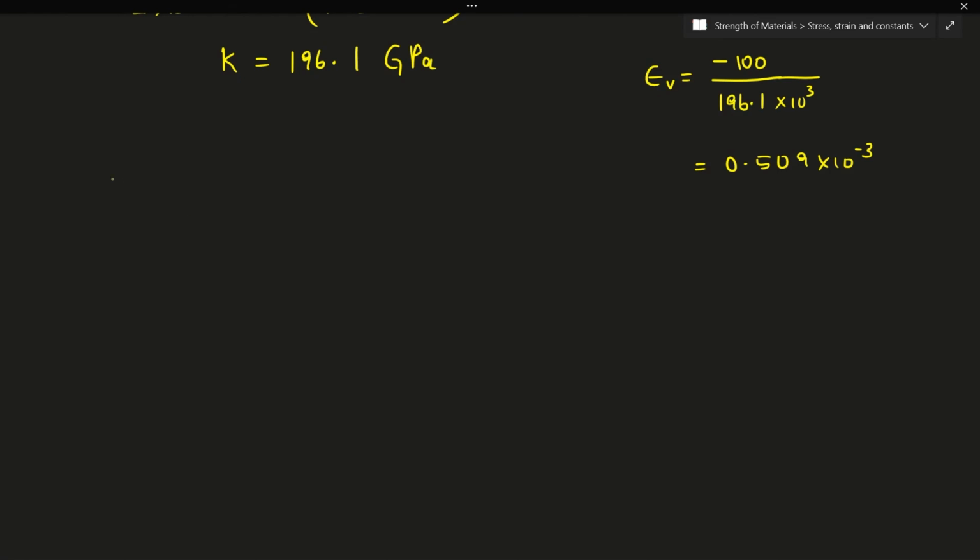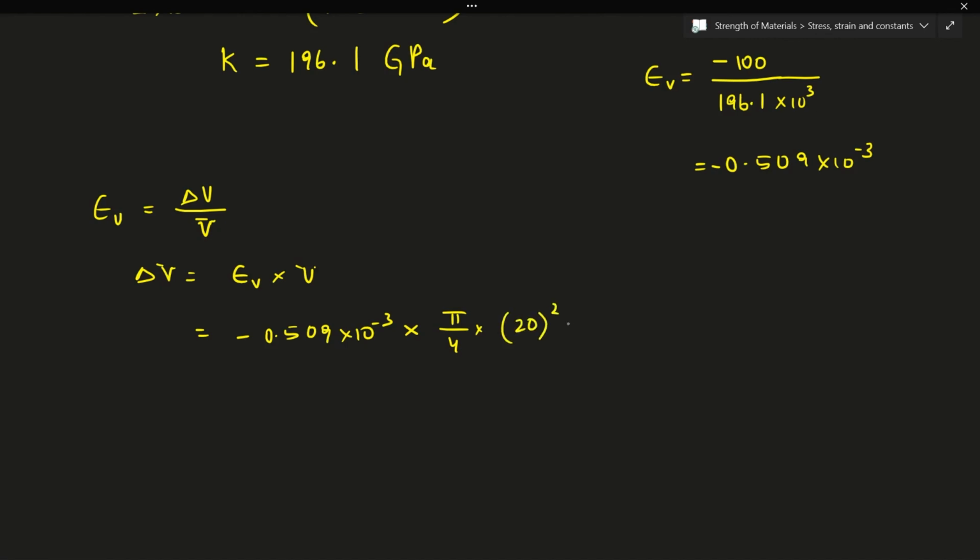Now volumetric strain is given by delta V divided by capital V. So delta V will be equal to epsilon V into capital V. Now epsilon V is minus 0.509 into 10 to the power of minus 3 into the volume. Since we have a cylinder, the volume will be equal to pi by 4 into d square, where d is 20, so 20 square into the length.